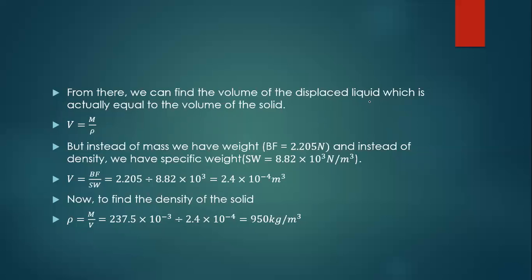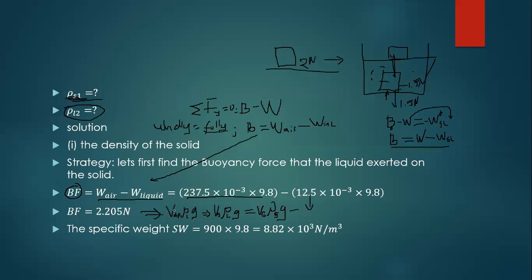So why are we finding the volume of the solid? It is because when we go back to this formula, in the question we are not given the volume of the solid. If we can find the volume of this solid, then these unknowns we will have figured out. The only thing that we will not know is the density of the solid.